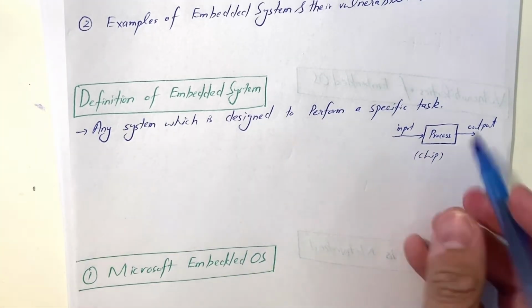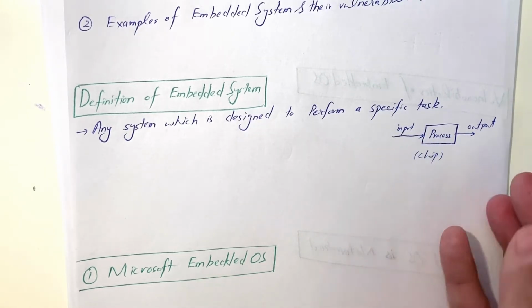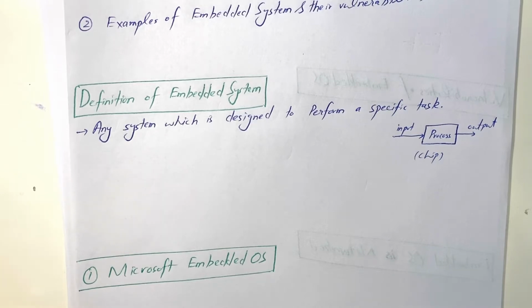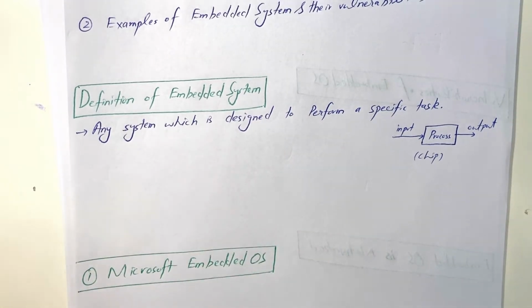It could be a sensor which can monitor maybe temperature, process it and forward it to servers or web servers, or maybe directly to the user as well. So any system which is designed to perform a specific task is called an embedded system.